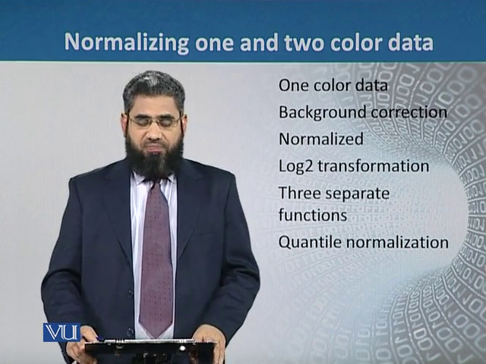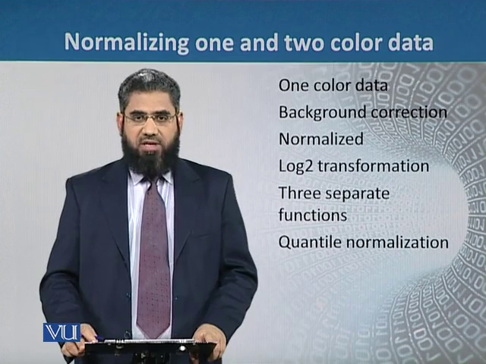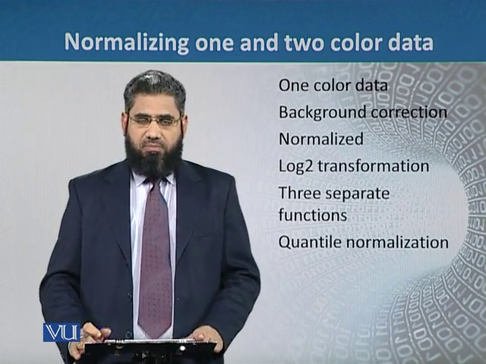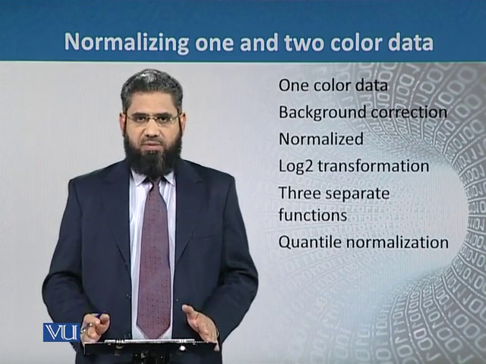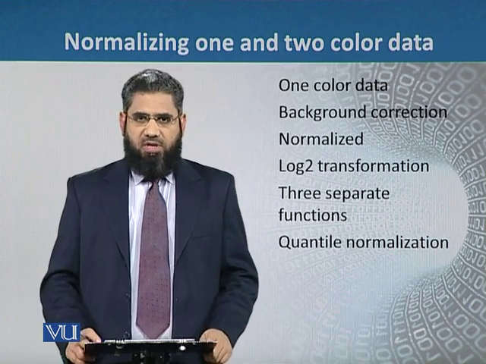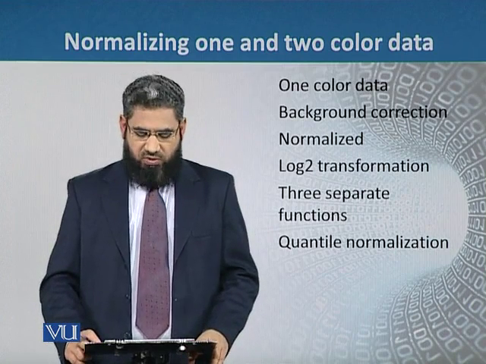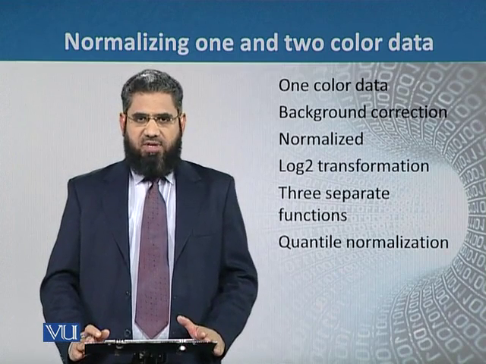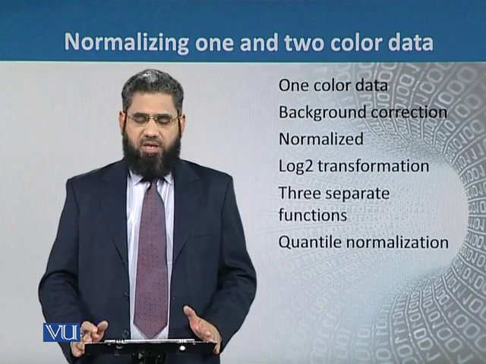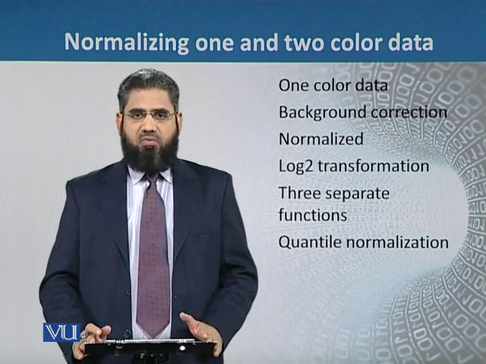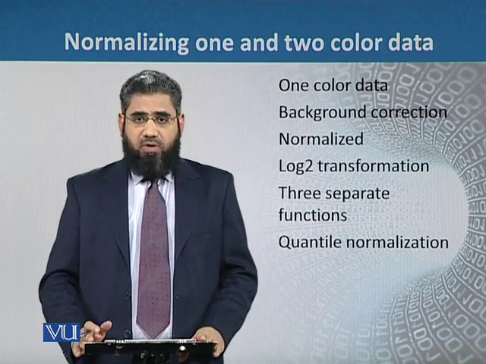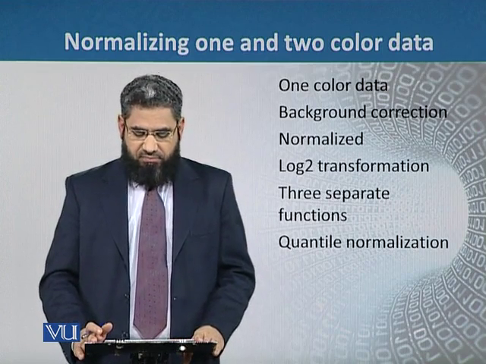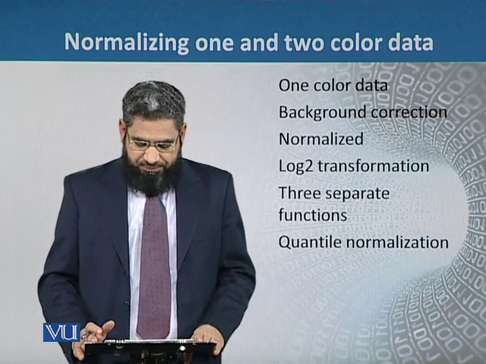For this process, we need to take the raw data, and after background correction we will do the normalization, and then after normalization we have to convert the data into the log2 transformation. So in the 1 color Agilent data, we have to do 3 separate functions one by one: background correction, normalization, and the log2 transformation.